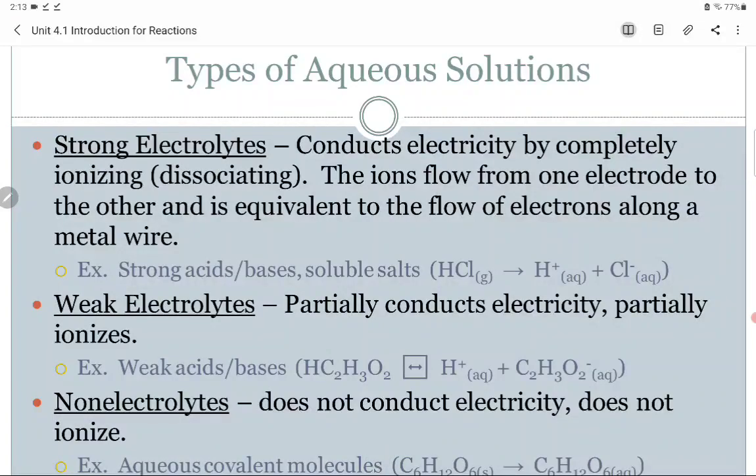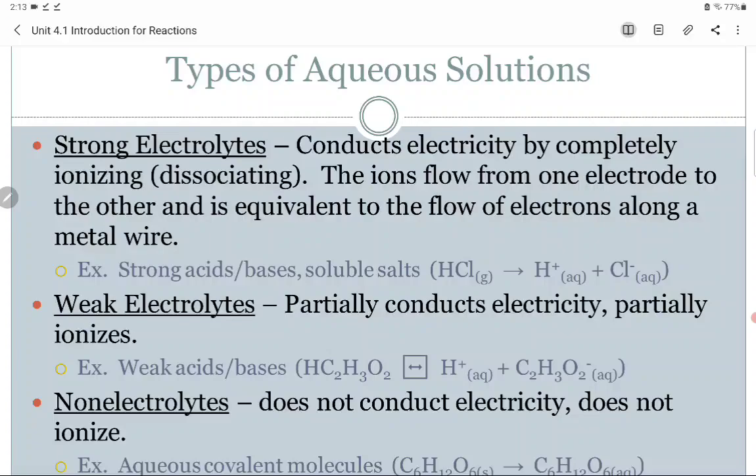If you have an ionic compound that dissolves in water, you would have a strong electrolyte. If you would have a weak acid, it's going to only partially dissociate into its ions, and so we're going to give it a double arrow, and that signifies that most of the compound does not break up, just a little bit breaks up into ions.